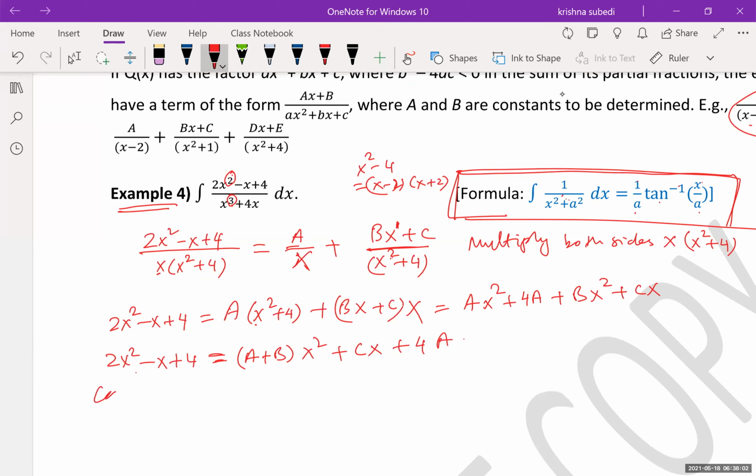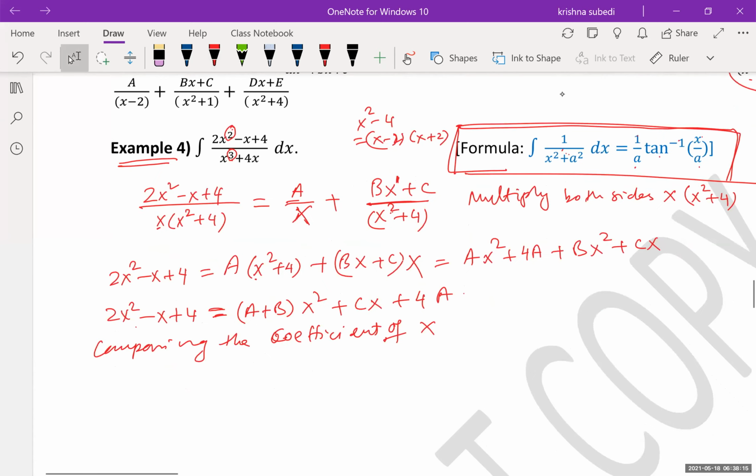Now comparing the coefficients of x squared, x and the constant term.